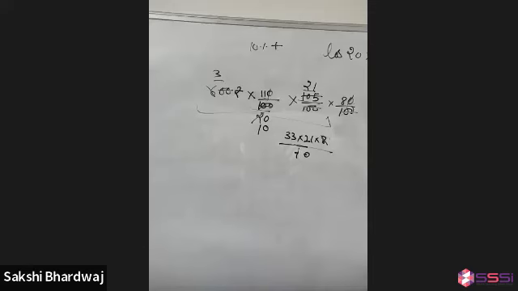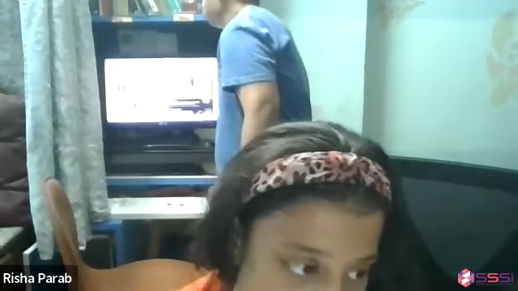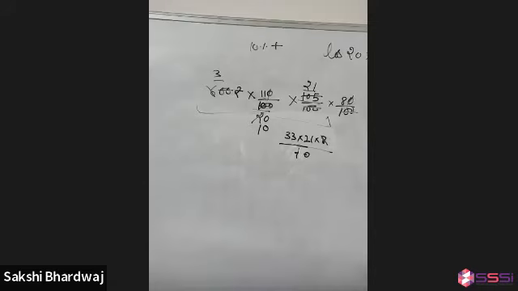Check the calculation. 100 upon this. There must be some mistake in your calculation. Calculate again. 33 so the same thing is coming. 21 multiply with 8.